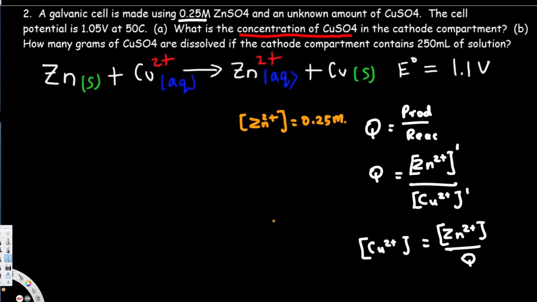Now the thing is we have to find Q in order to solve this problem, because without Q we cannot find Cu2+. To find Q we have to use one of these equations.